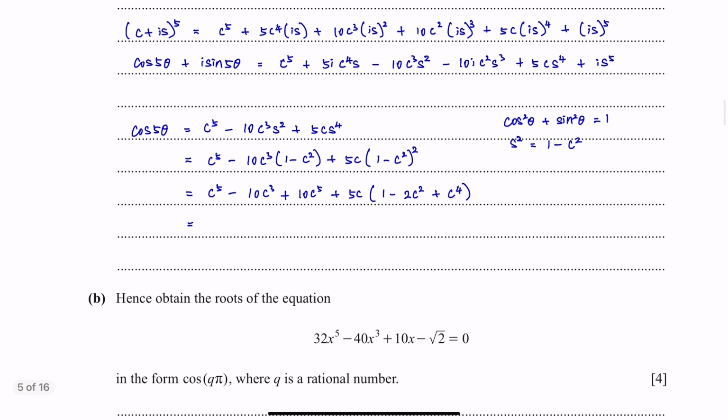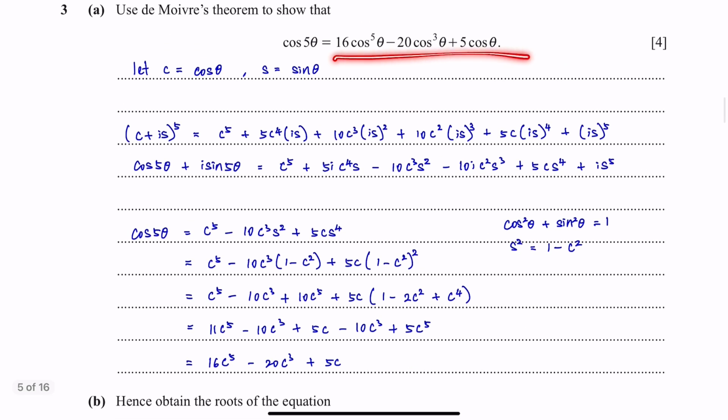And now we would have 11c to the 5 minus 10c cubed plus 5c minus 10c cubed plus 5c to the 5. And the final answer would be 16c to the 5 minus 20c cubed plus 5c, which is exactly what the question wants.